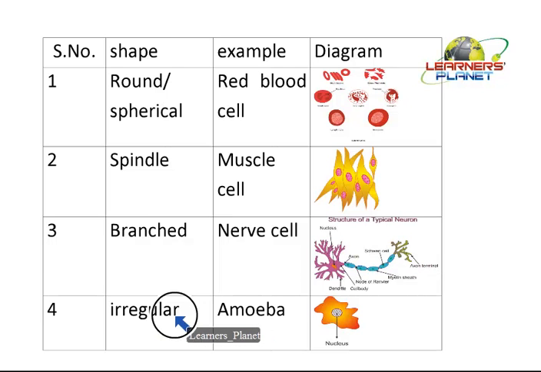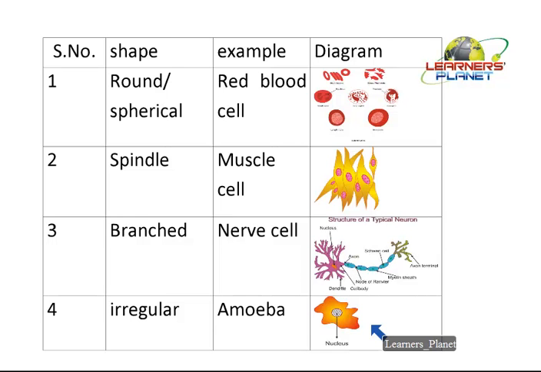Further, there are cells which do not have a definite shape. The best example you can understand is the amoeba. You have studied amoeba so much till now. The amoeba has a flexible type of membrane, and this helps it to change its own shape.